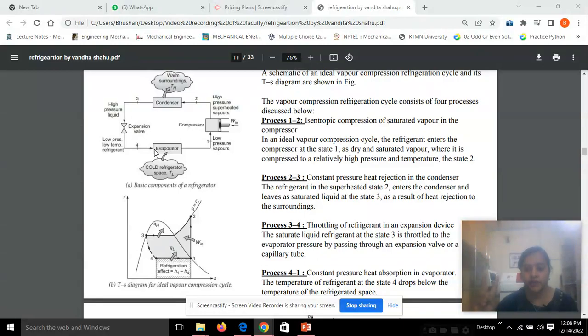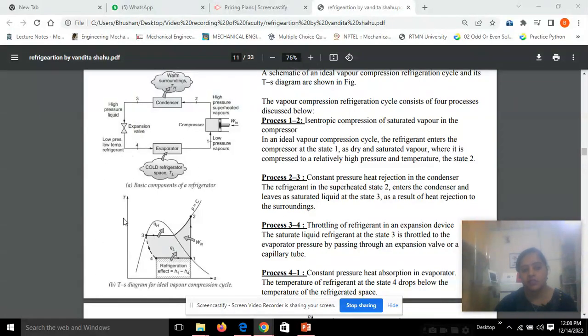So there are two pressures. One is the lower pressure on which the evaporator works, and after the evaporator the pressure is increased in the compressor, and as the pressure is increased, the condenser works at the high pressure. So these are two regions, the high pressure side and the low pressure side. The pressure is constant in the condenser as well as the evaporator.